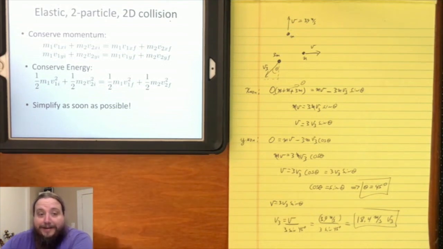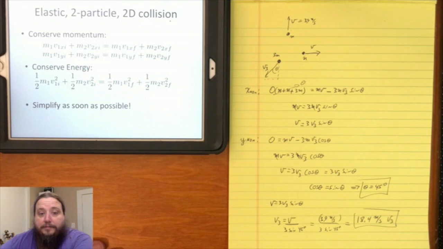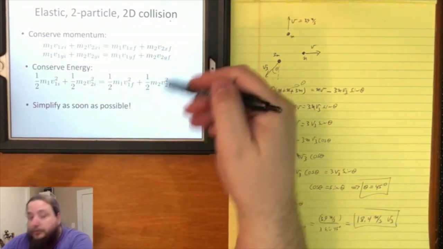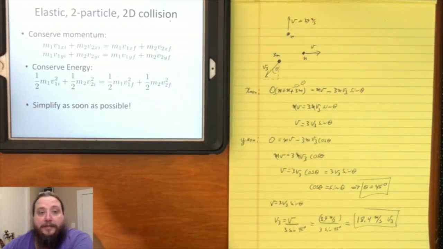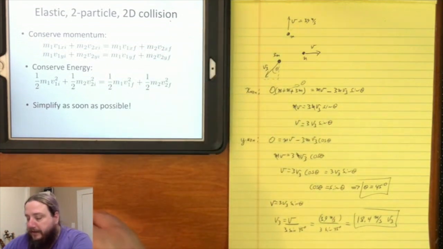Generally, you're probably not going to run into a two-particle 2D collision that's elastic in the context of something like an exam for a course like this, because usually the algebra just gets too ugly and too hairy. And again, we're not testing physics at that point, we're testing algebra manipulation.